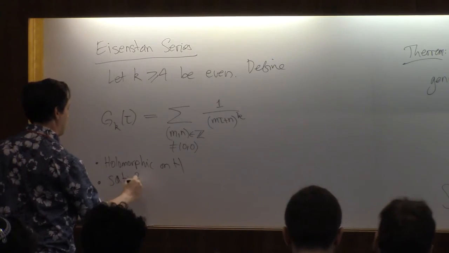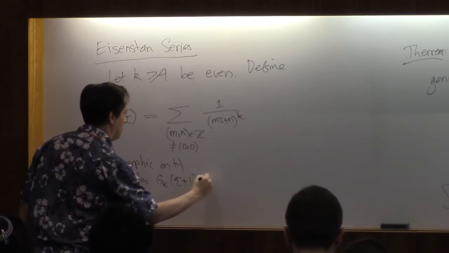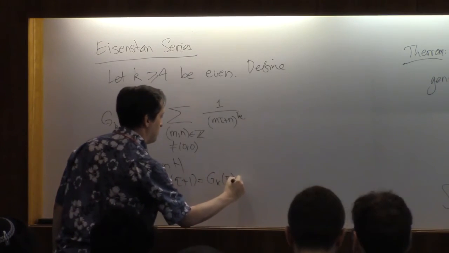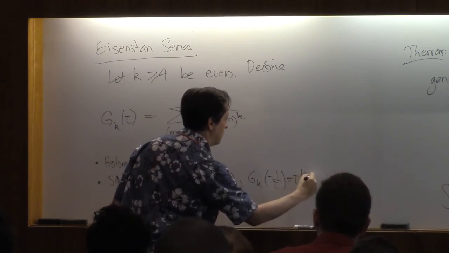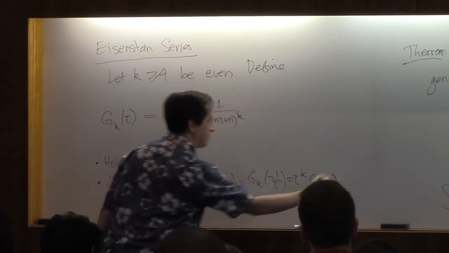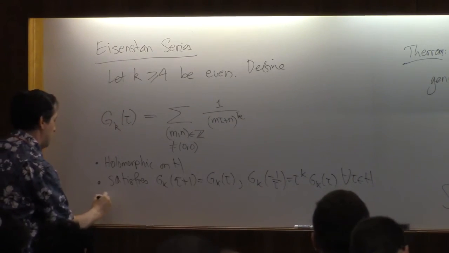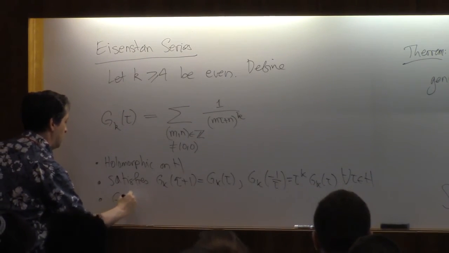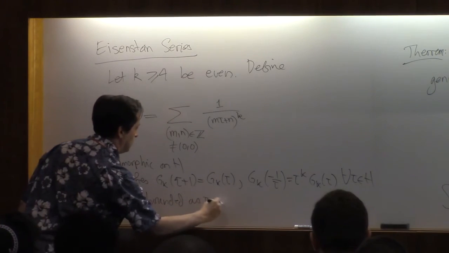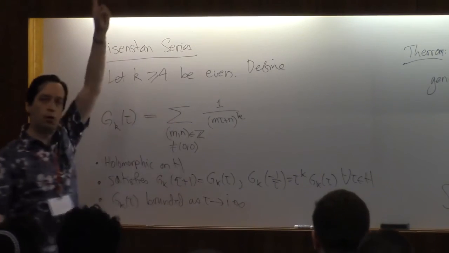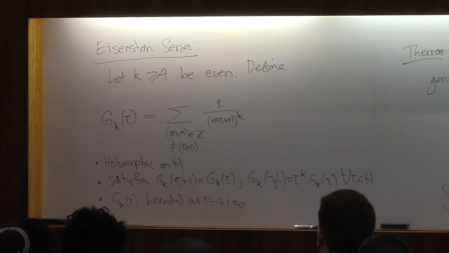We need to check that it satisfies those 2 conditions: its value at tau plus 1 is its value at tau, and its value at minus 1 over tau is tau to the k times its value at tau, everywhere on the upper half plane. And we need to check that the function is bounded as tau marches up to infinity. So these are the conditions that we want to check.